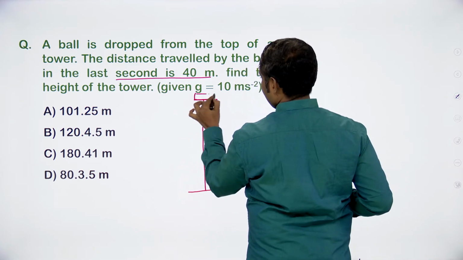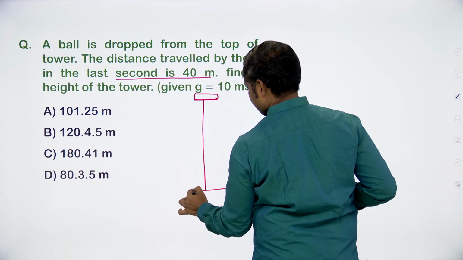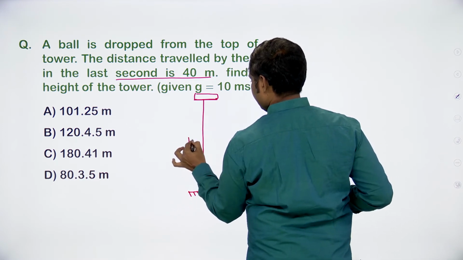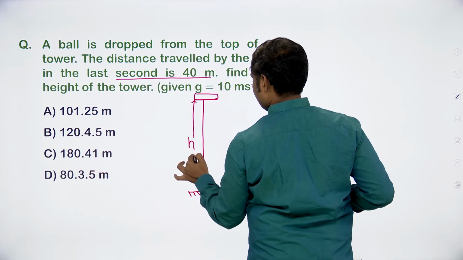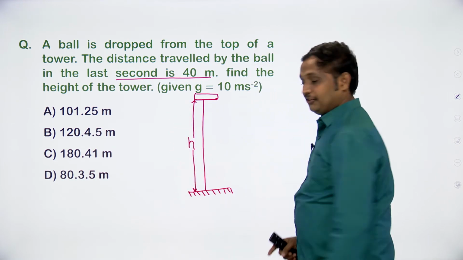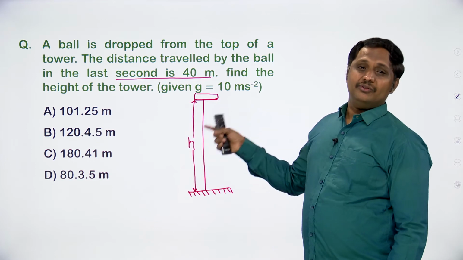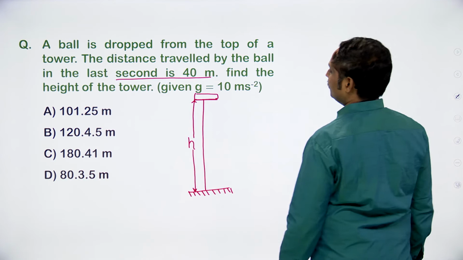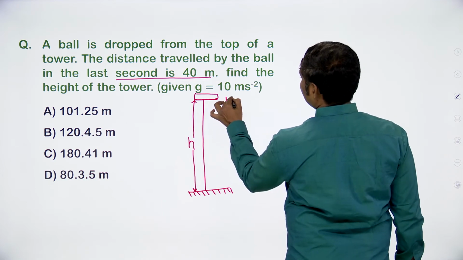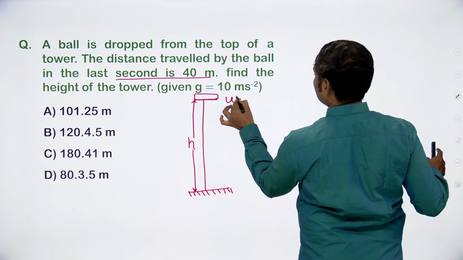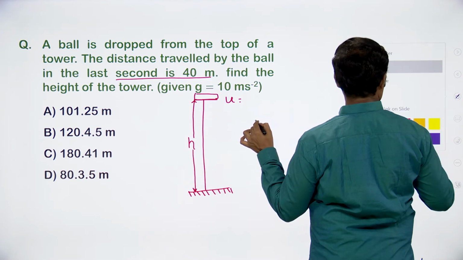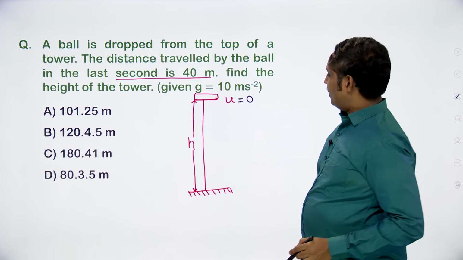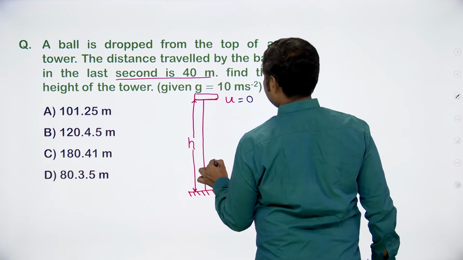This is the top of the tower, and this is the ground. So, h is the height, the vertical distance covered by the body. We consider that u is equal to 0.